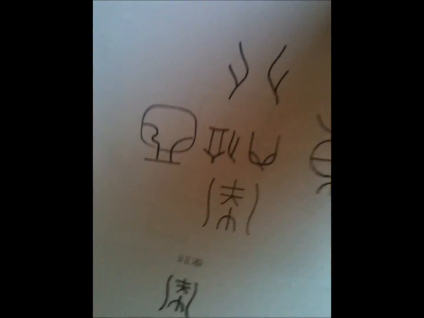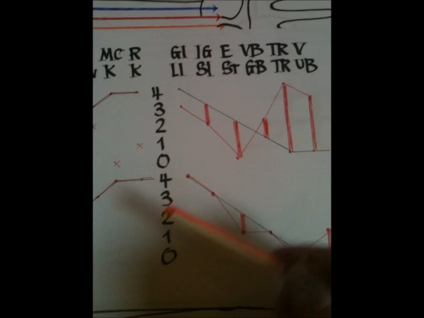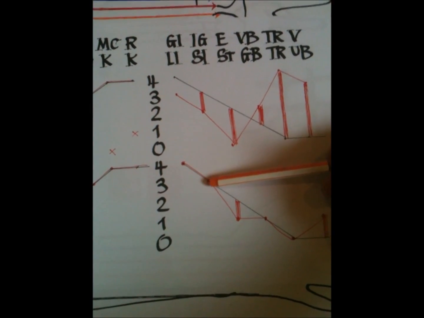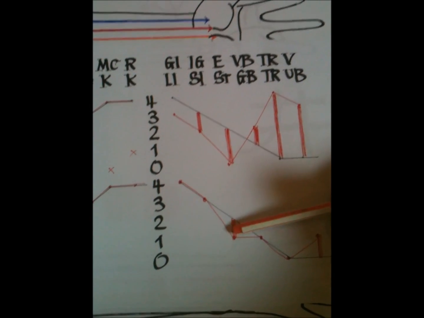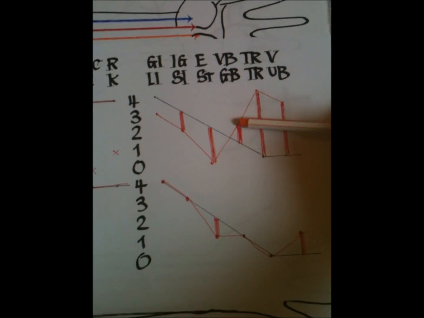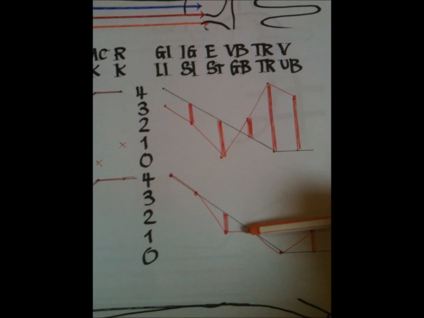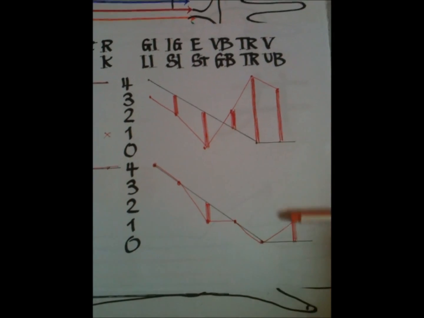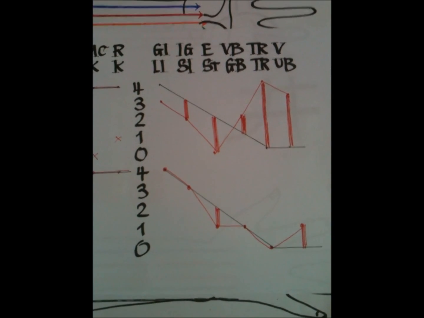If we look, for example, at the pulse map of this patient, we can see what happened: the small intestine was restored, stomach deficiency became less, the excess of the gallbladder returned to its normal movement, Sanjiao returned to its normal movement, and the urinary bladder moved very close to its normal movement.